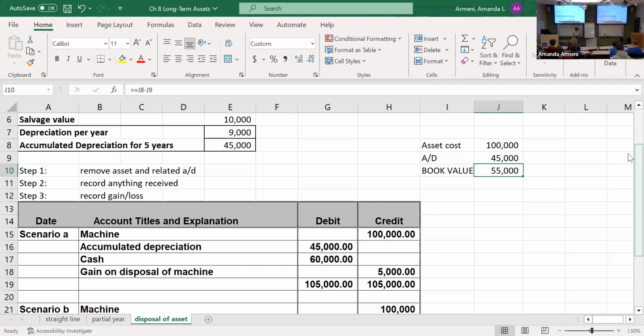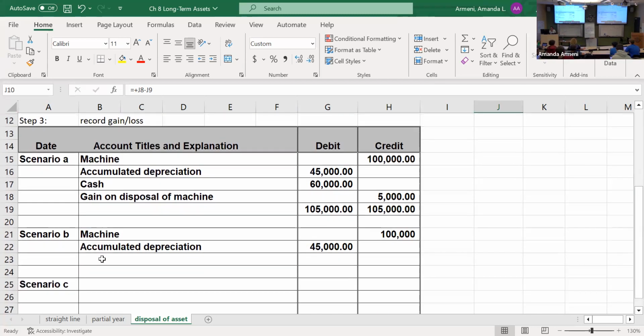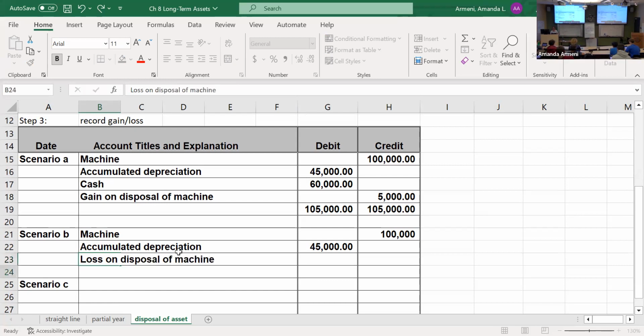Okay. And again, you have to introduce a new account. But what's nice about that new account is that it acts just like an expense does. So I'm going to include the new account name. And again, I'm going to be specific. I'm going to say loss on disposal of machine.